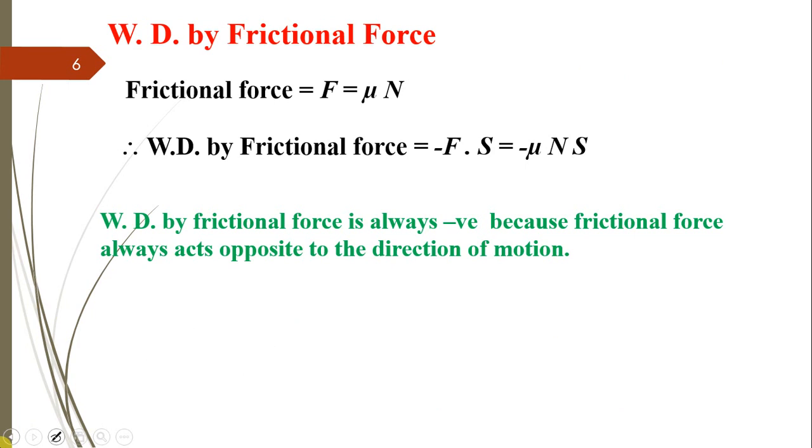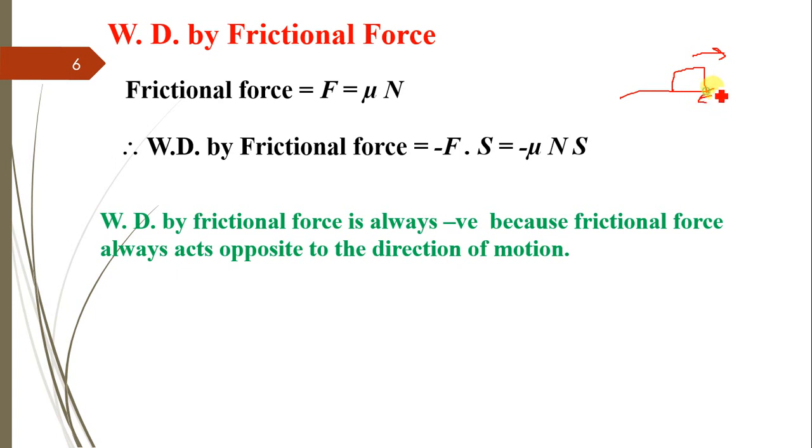Second is the work done by frictional force. We know the frictional force is equal to mu into N, the coefficient of friction multiplied by the normal reaction. Now the work done by frictional forces is always negative, because it acts against the direction of motion. So if I consider here a block is kept, and this is the direction of motion, then the friction force will be acting in this direction.